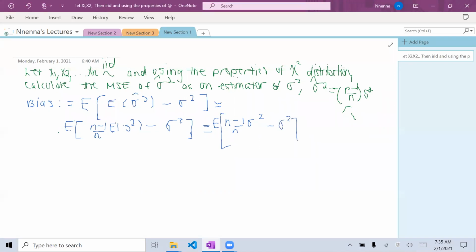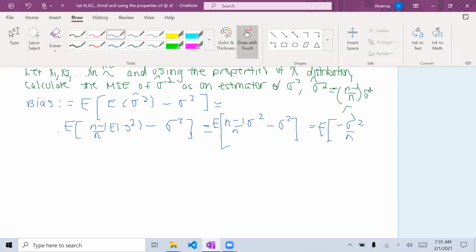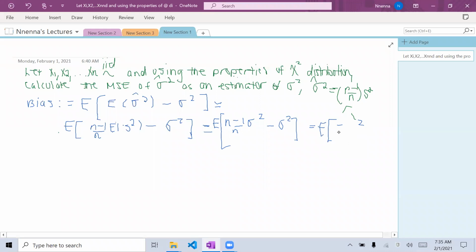So when you say minus sigma squared, you're saying minus n sigma squared over n, which means it's going to be something that's negative: negative sigma squared over n. And this is getting a bit sloppy, so let me redo it for those who don't like to see messy handwriting.